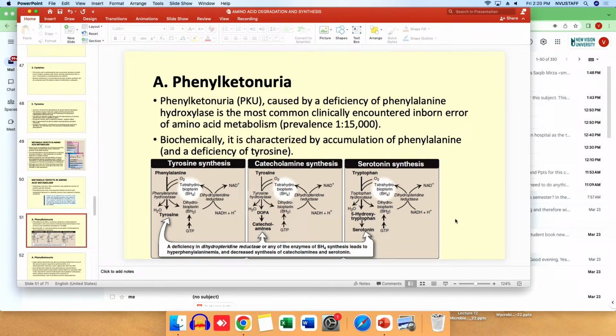We covered this pathway. So the pathway of tyrosine synthesis, catecholamine, and serotonin synthesis. For tyrosine synthesis, initiation is phenylalanine. For catecholamine synthesis, tyrosine is the initiator. But pay attention to tetrahydrobiopterin. Tetrahydrobiopterin is involved in tyrosine synthesis as well as catecholamine synthesis as well as serotonin synthesis from tryptophan.